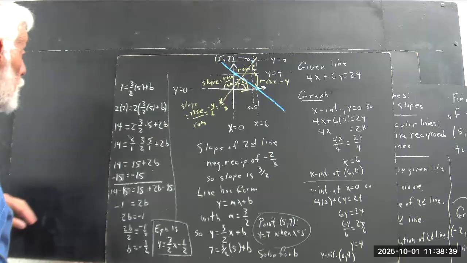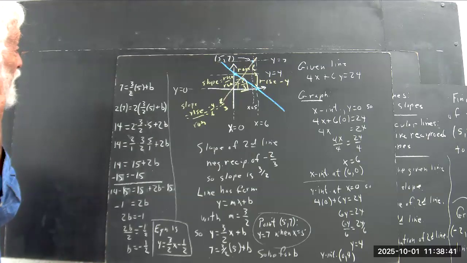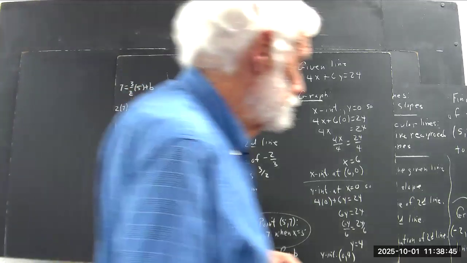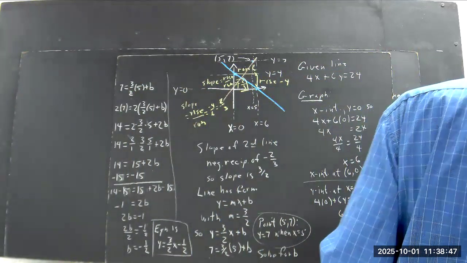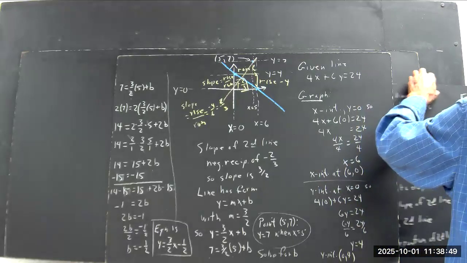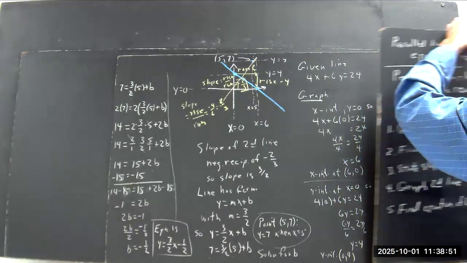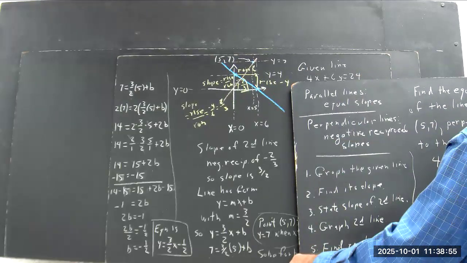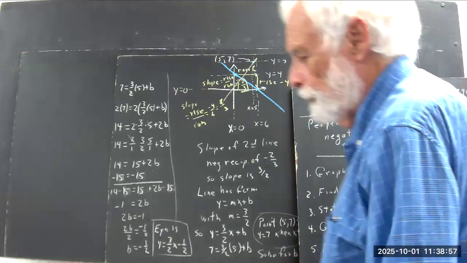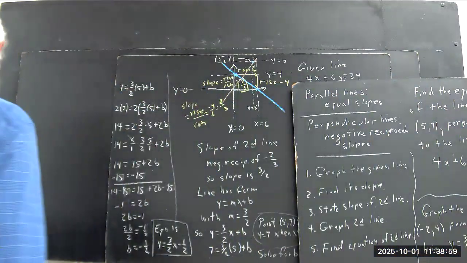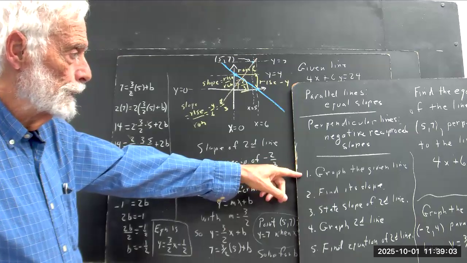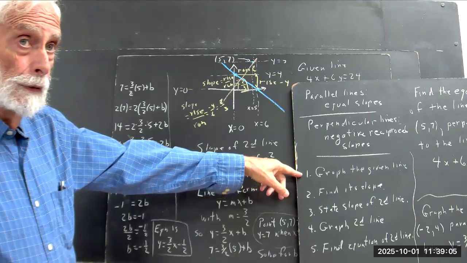Give enough board space here. Except now I don't have a. I'm going to set this here so we can see the rules. Now, it wasn't absolutely necessary to find the graph of the first line.